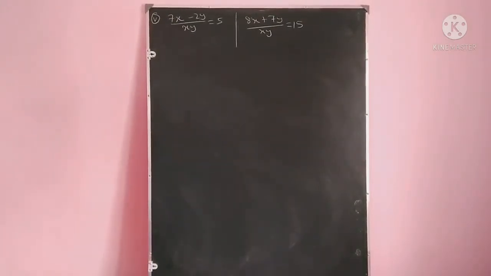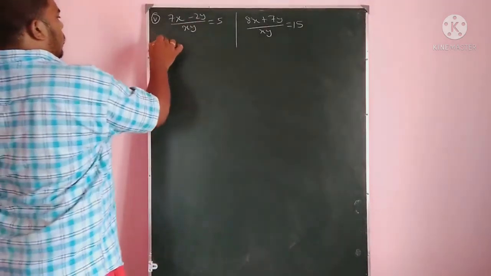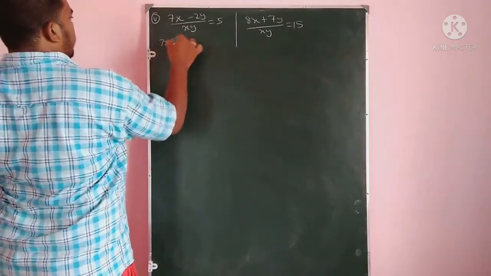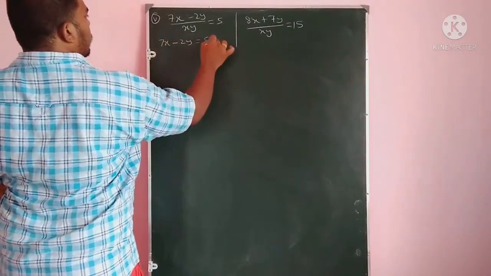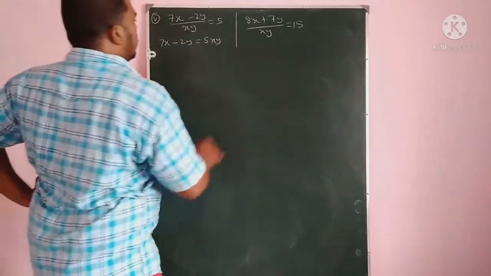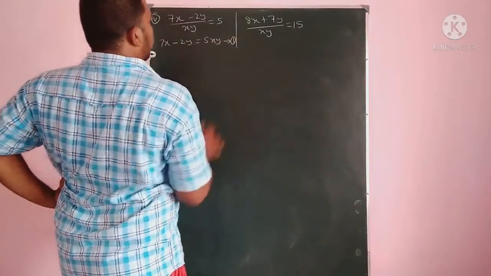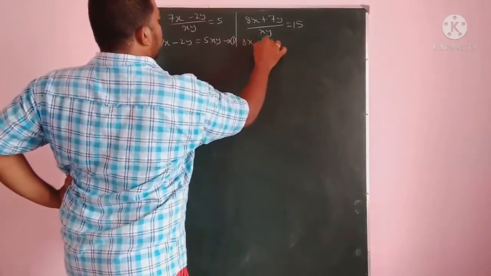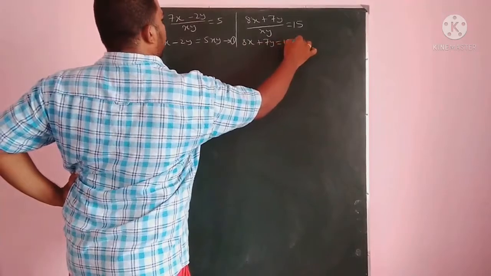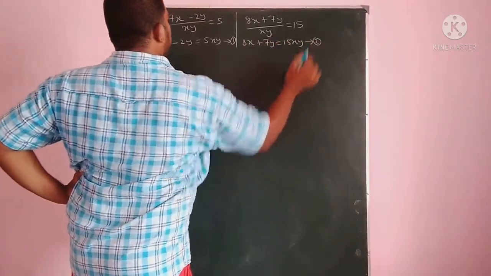Fifth question, given that 7x minus 2y by xy is equal to 5, 8x plus 7y by xy is equal to 15. So I will explain this type of question in a simple method. We can write this one as 7x minus 2y is equal to 5xy, let it be 1. So 8x plus 7y is equal to 15xy, let it be 2.